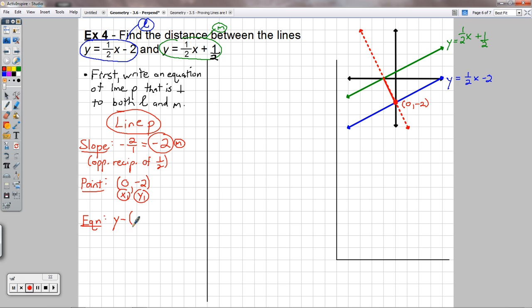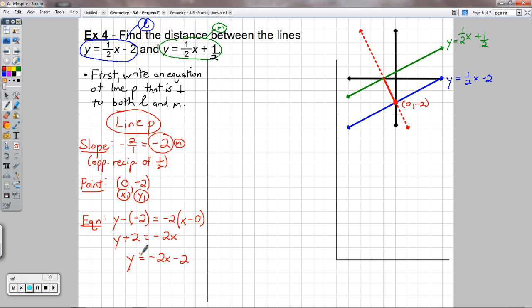Y minus y1 is y minus -2. That's going to equal, the slope is -2, so -2 times x minus x1, which is 0. This would become y plus 2 equals, and the 0 would drop out, so I just have -2x. And if I subtract 2 from both sides, I've got y equals negative 2x minus 2.